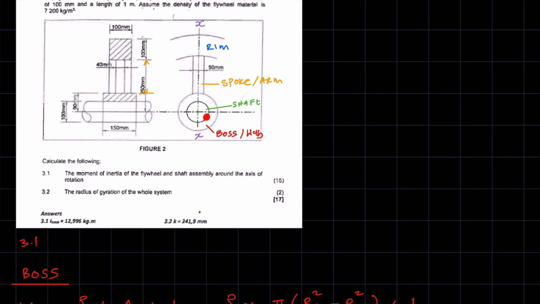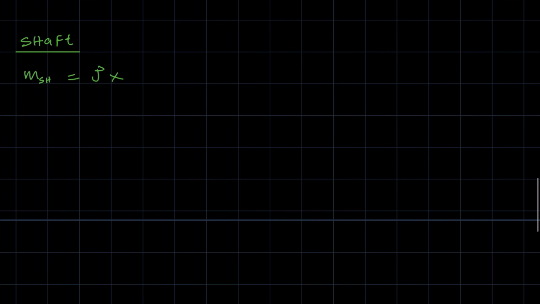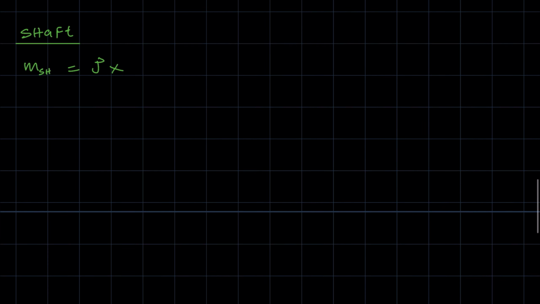The shaft is obviously circular, so we simply use pi r squared for our area. So this would be rho times pi times the radius of the shaft squared times the shaft length.